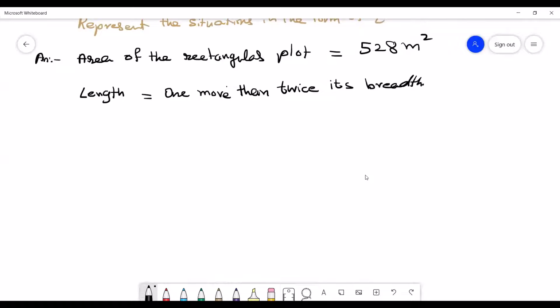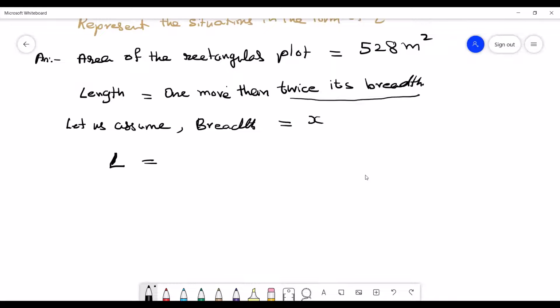So here, let us assume the breadth of that plot is equal to x. Then the length L will be what? Length L is equal to twice the breadth. Read this term first, twice its breadth.